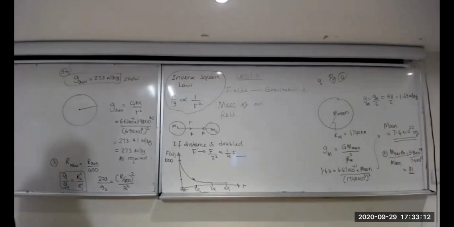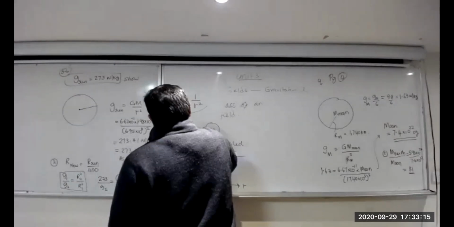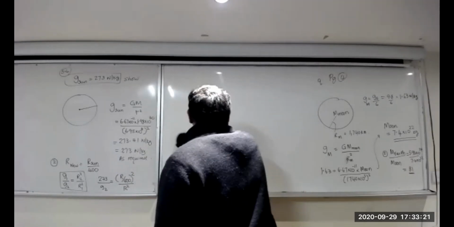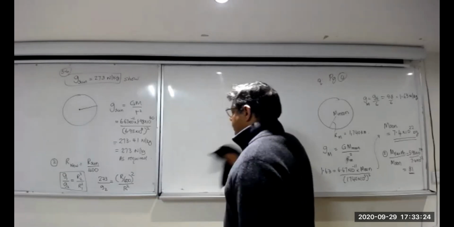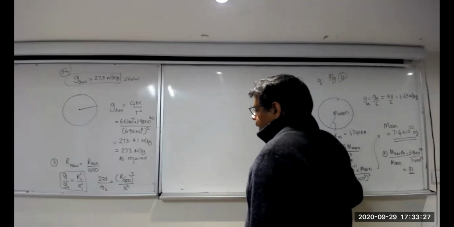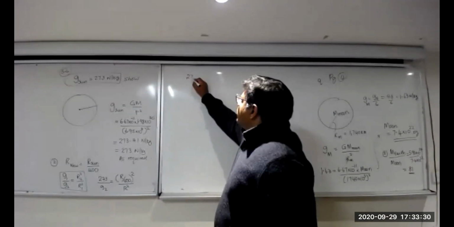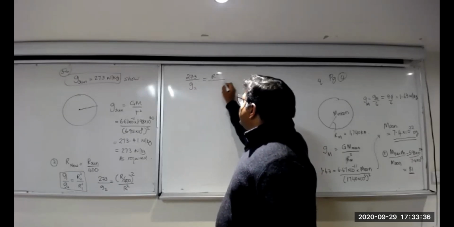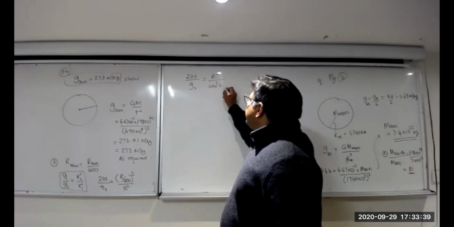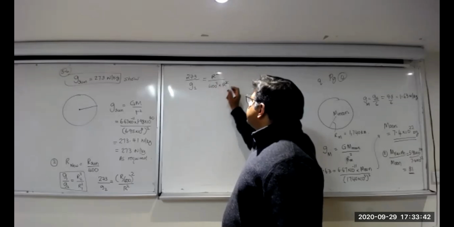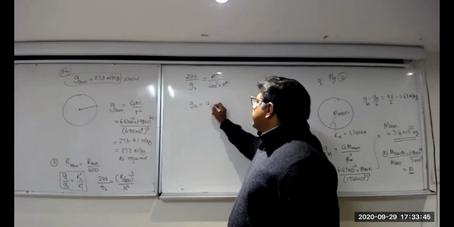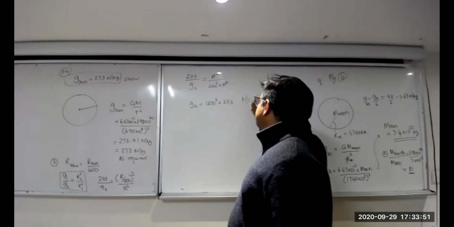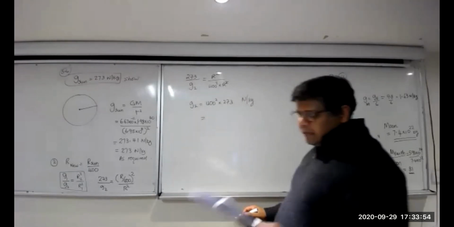When you simplify that, 400 squared, and then your R's cancel. Your new G2 is going to be, people who can see it, you can straight away say it's going to be 400 squared times bigger.